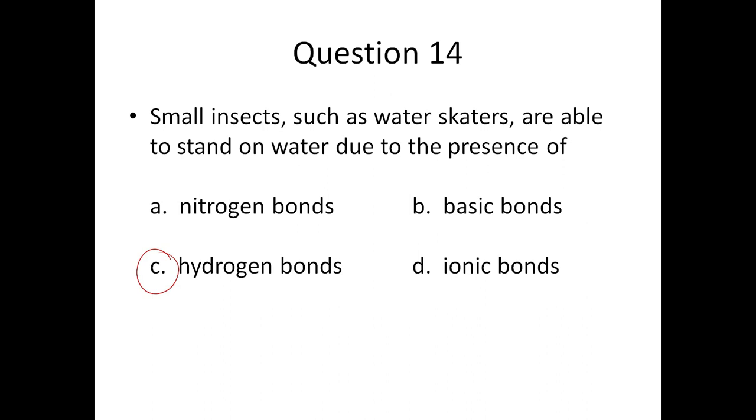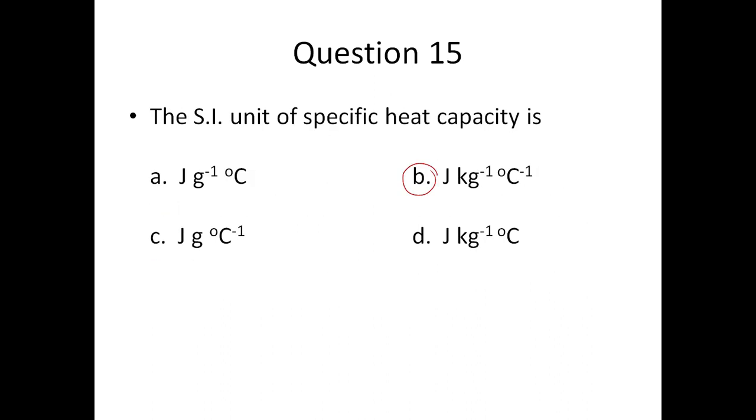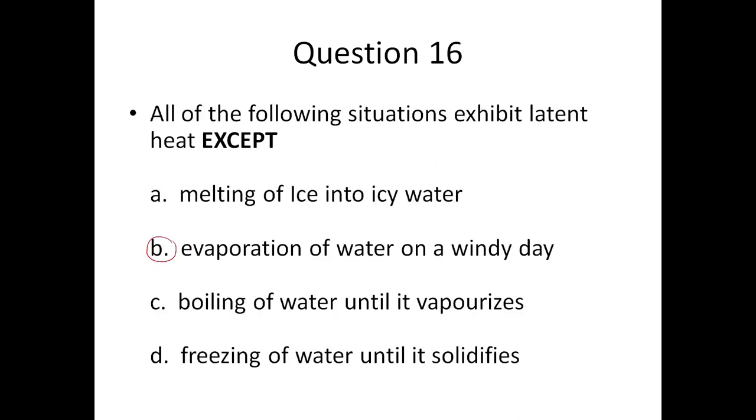Small insects such as water skaters are able to stand on water due to the presence of, correct, C, hydrogen bonds. Question 15. The SI unit of specific heat capacity is B, joules per kilogram per degree Celsius.